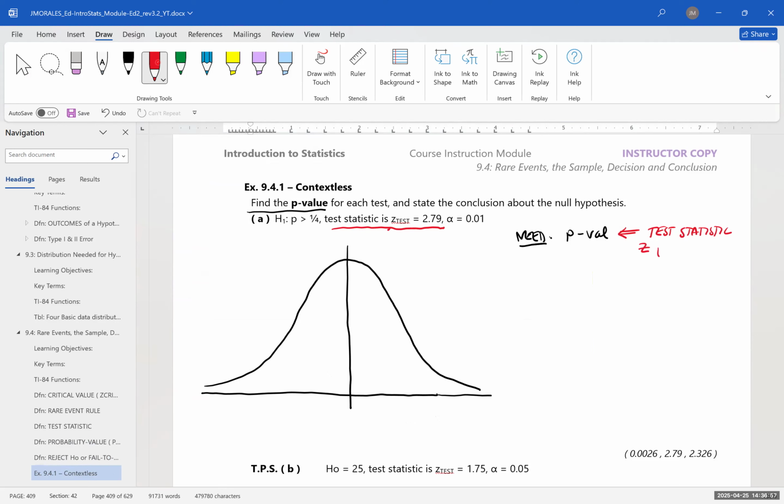So Z-test equals 2.79. All right. That's one. Number two is we need to come to a conclusion about the null hypothesis.